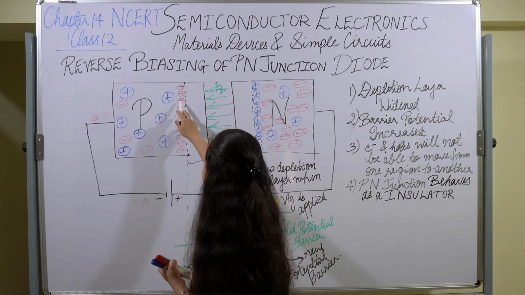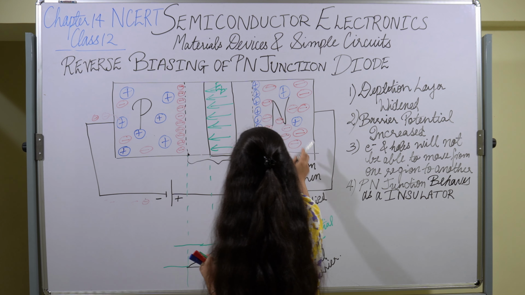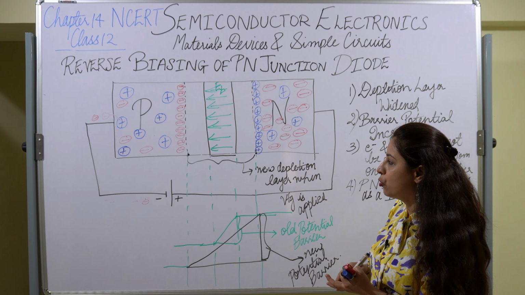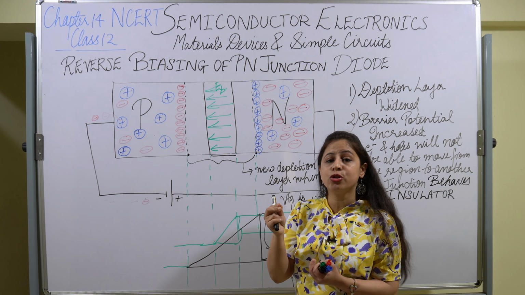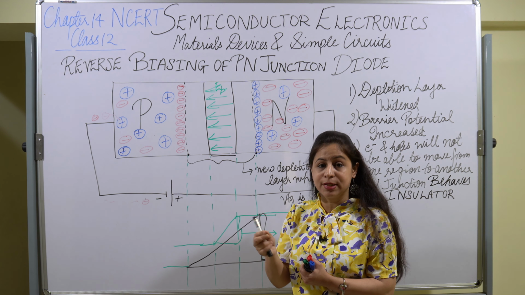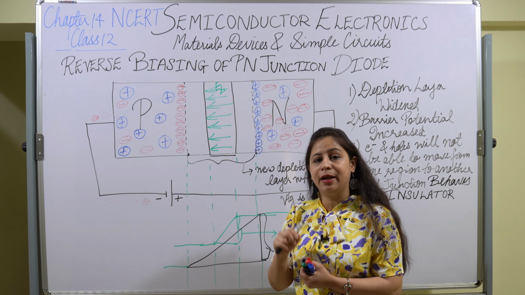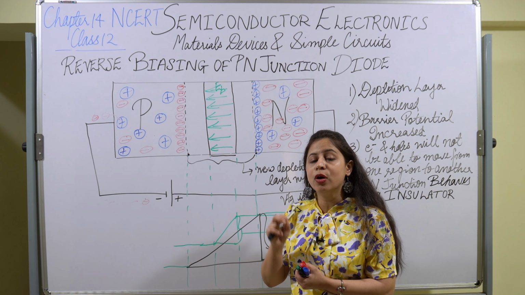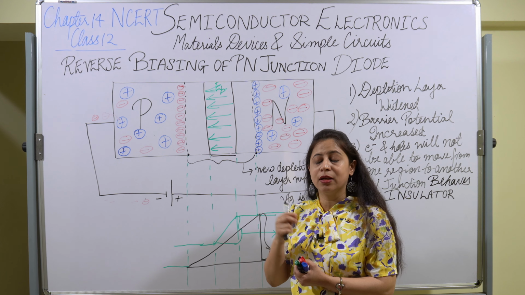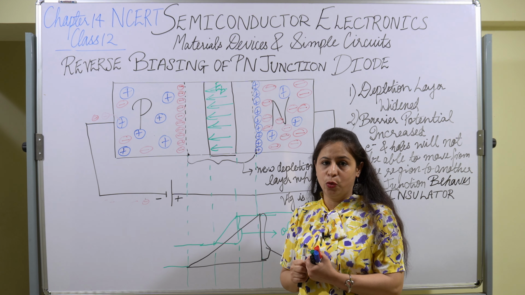So these electrons can easily move from this region to this region, and they will constitute a very small amount of current, and that small amount of current is known as the reverse current, and the voltage at which the reverse current flows is known as the reverse voltage or the breakdown voltage.